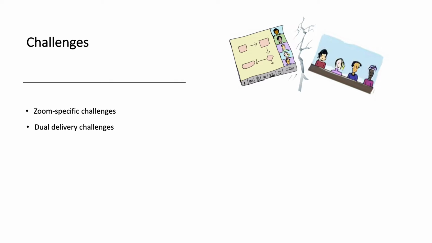And of course, while students are generally appreciative of the flexibility that we allow them in determining their preferred method of attendance, flexibility for them usually means unpredictability for us. And it can be quite challenging to optimize your lesson plan if you don't know for sure how many students you're going to have in person, how many students you're going to have on Zoom.